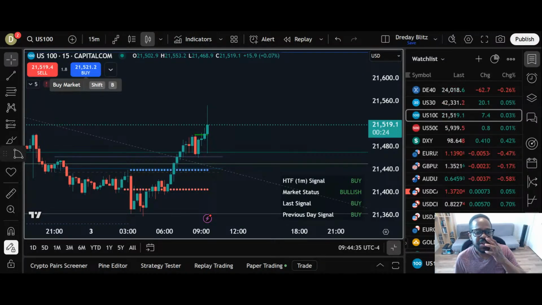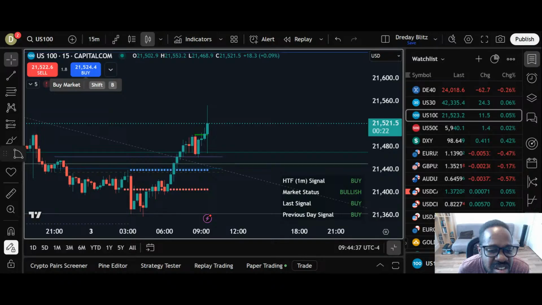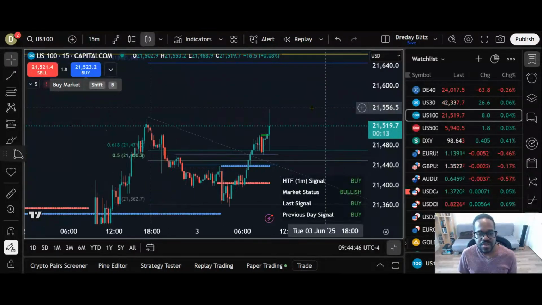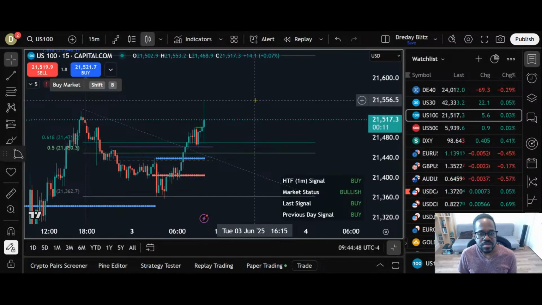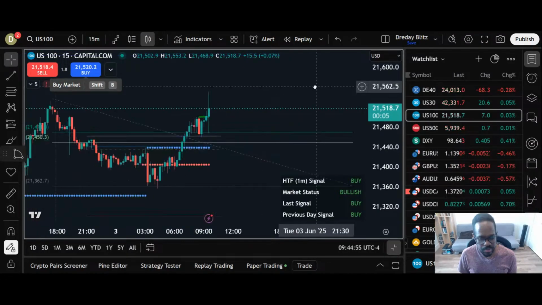So be careful, guys. Make sure that you put your position the right way if you're in a trade. We've got a lot of movement here right now.